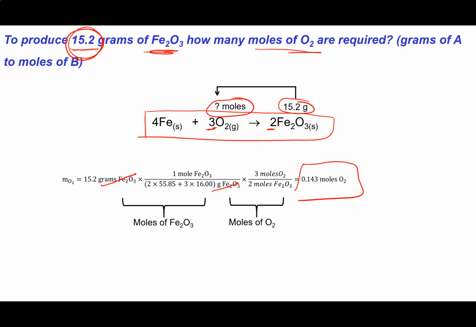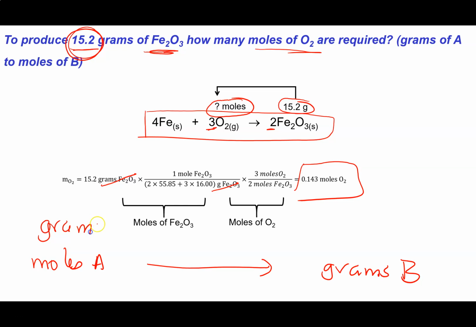So we can go either way, right? We can go from moles of A all the way through to grams of B, but we can also begin with grams and work towards moles. So we could do grams of A and work through to moles of B, which is what we did in this example.